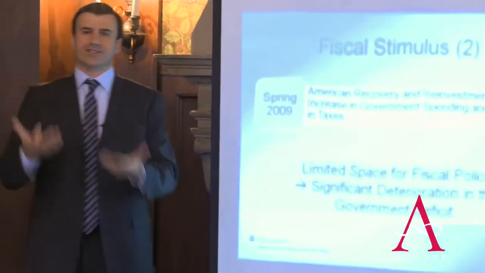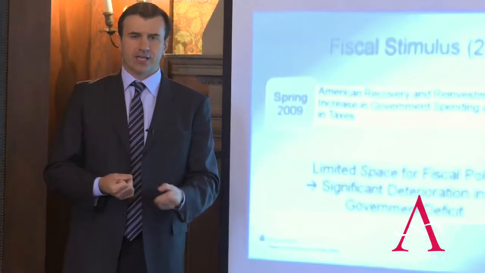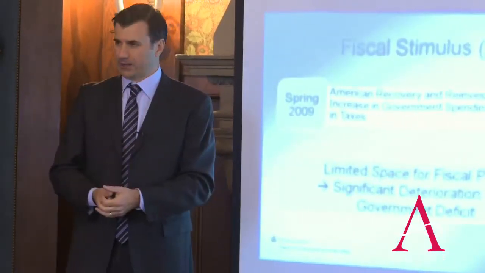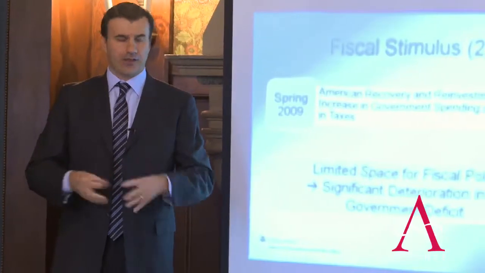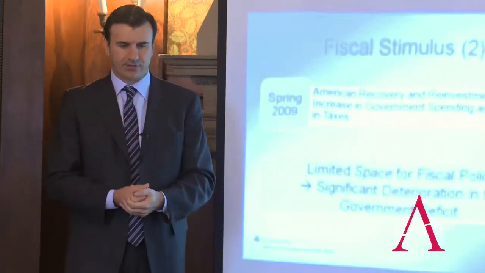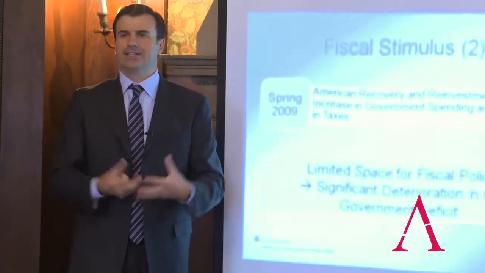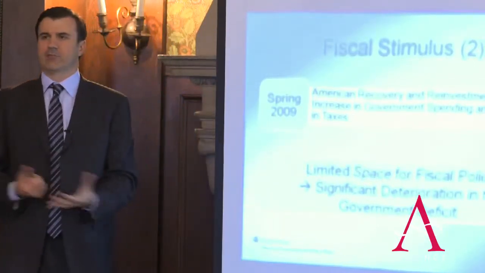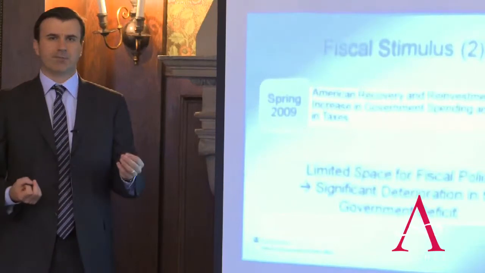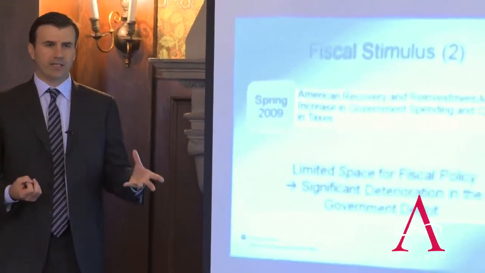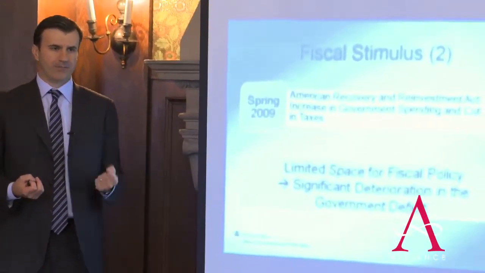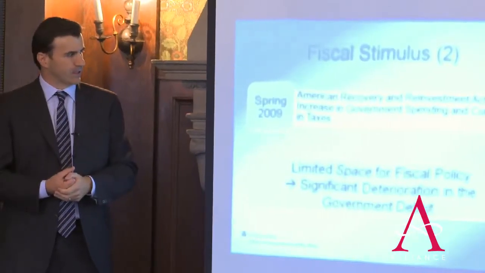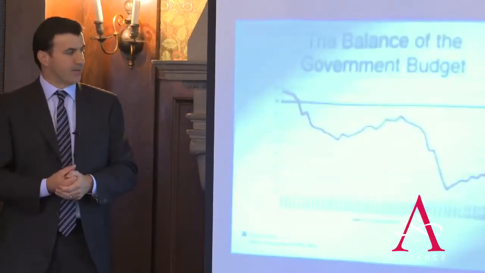Then we discovered that this policy, the fiscal stimulus, was indeed effective, but it was followed by several countries in the world, and it had the problem of deteriorating the government budget. The government budget in the US would have been under pressure even before this fiscal stimulus. But it did work.